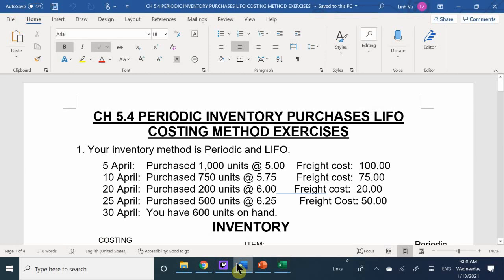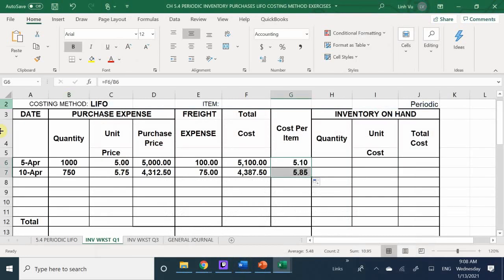Next scenario here is on April 20th. We made a purchase of 200 units at $6 with a freight of 20. Okay, so April 20, 200 at $6 with a freight of 20.